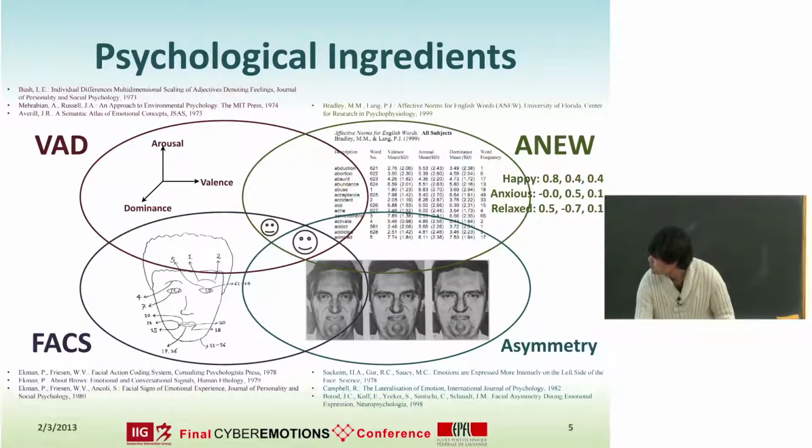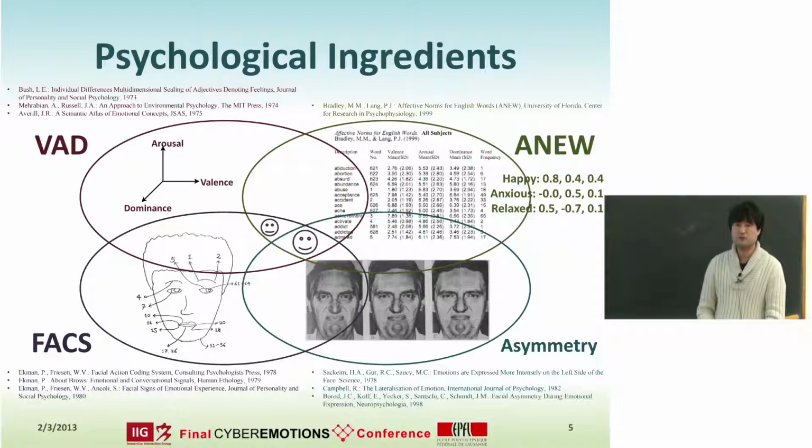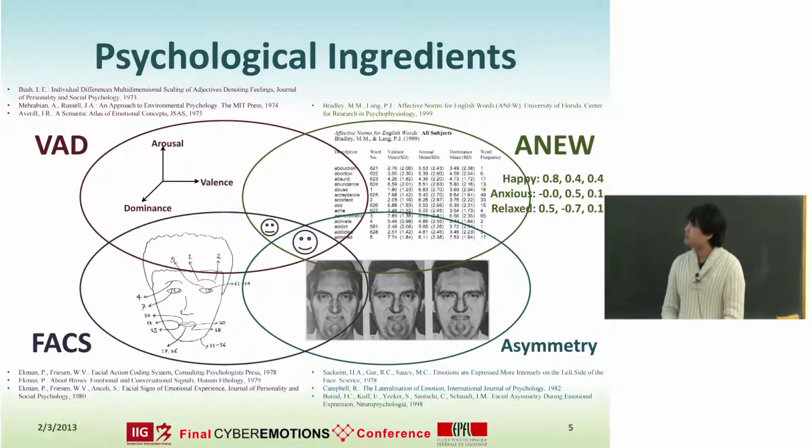With this emotional word and VAD model, we also use the famous Facial Action Coding System, because we had to animate each facial part of the virtual characters. We defined 12 basic units of facial movement, like eyebrow movement, eyelid movement, mouth opening, head orientation, and stuff like that.